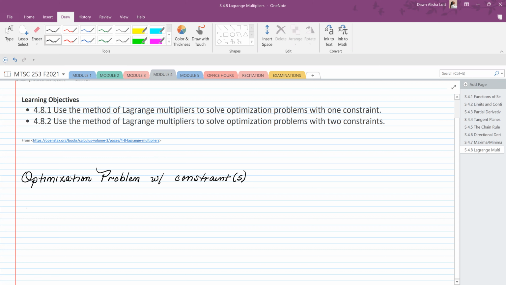We want to maximize or minimize f of x, y, subject to g of x, y equal to a constant.